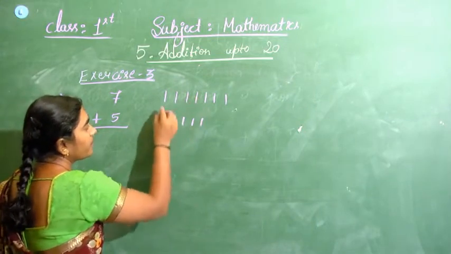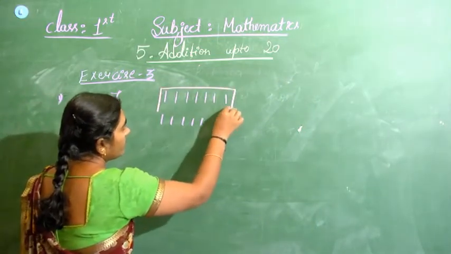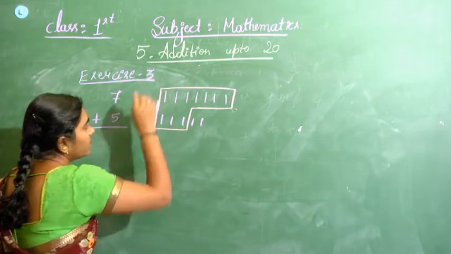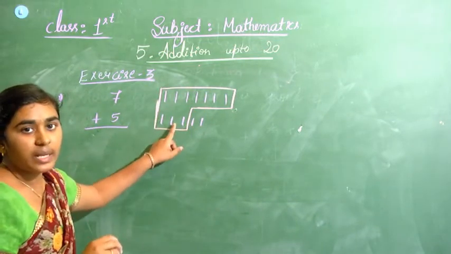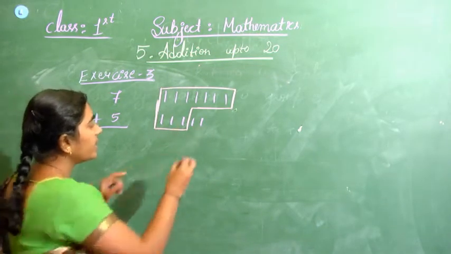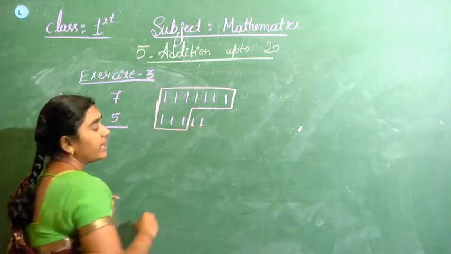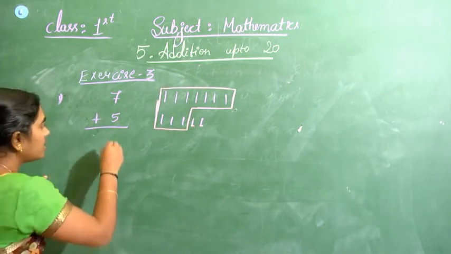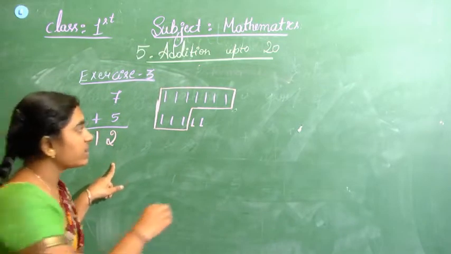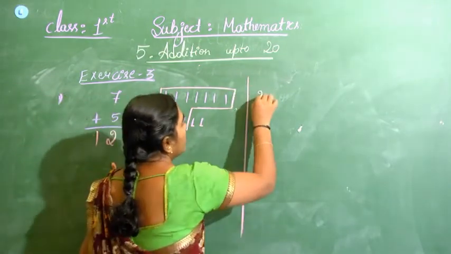So 7, 8, 9, 10. 3 must be added. So 7 plus 3 is 10. We have made a bundle of 10. How many are remaining? 2 are remaining. 10 plus 2 is 12. 10 plus 2 is 12. Like this you need to solve.